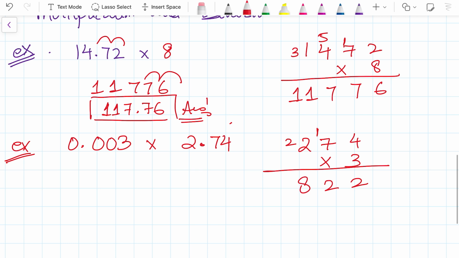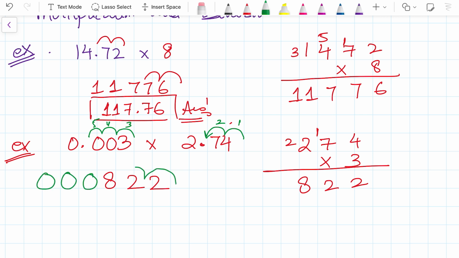Now you have to move 5 decimal places back. I'm writing extra zeros here. 1, 2, 3, 4, 5. That means we stop here. My answer is going to be this.